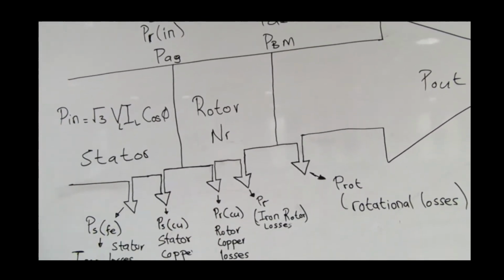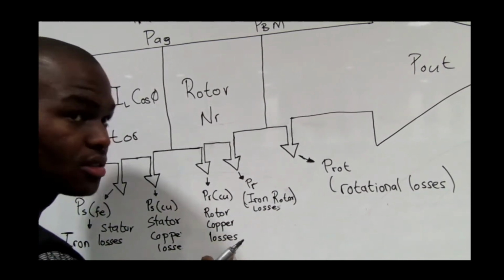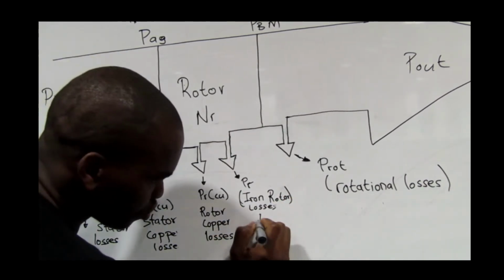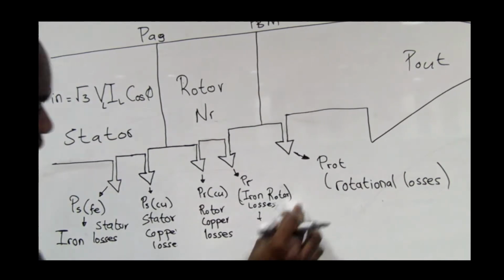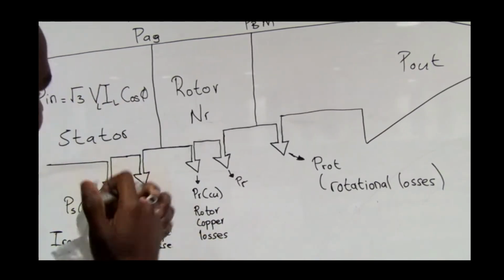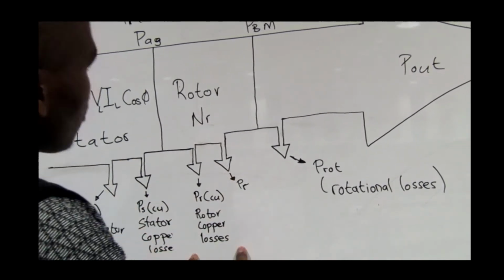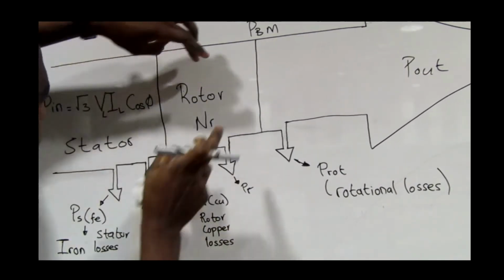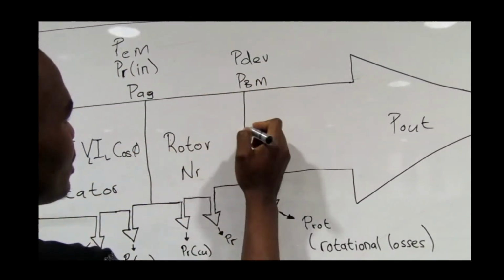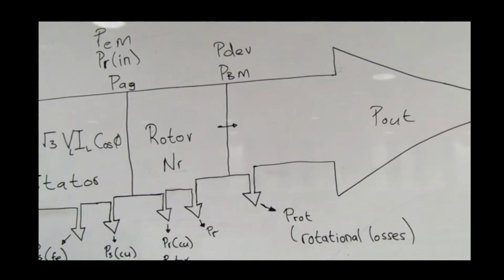Now in the rotor we have two kinds of losses: the rotor copper losses, and also the rotor iron losses, but these are very, very small, so they are considered ignorable. So in the rotor we only have the rotor copper loss, and then from the rotor we have the power developed, which is the output from the rotor.